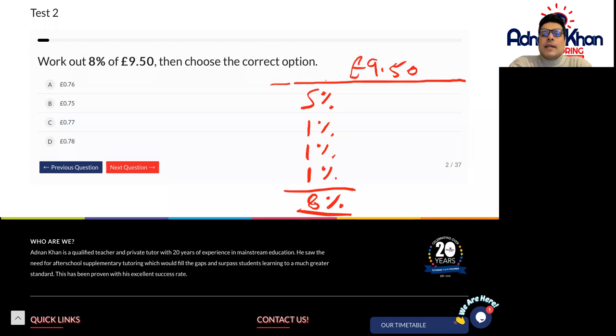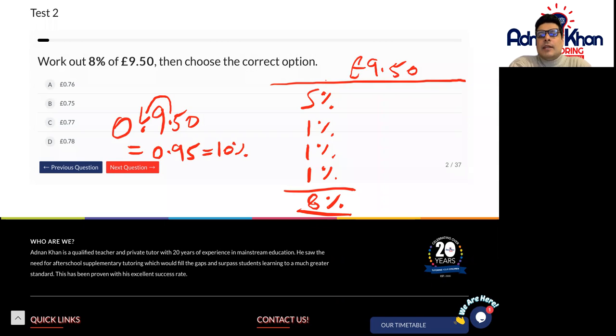Right, so 10% of £9.50 is going to be dividing by 10, which means the decimal point goes to the left once. So if we were to move the decimal point to the left once, the decimal point will come here, which means the answer will be 0.95, which will be 10%.